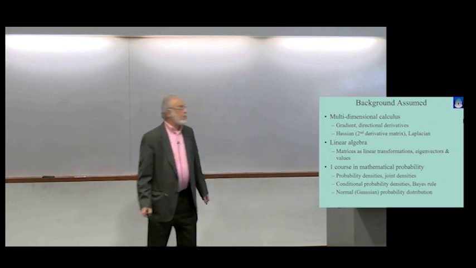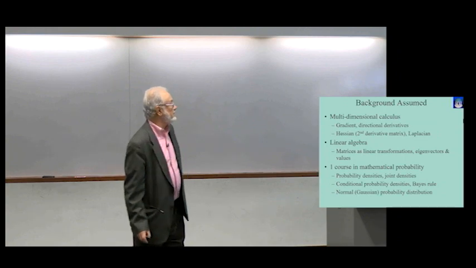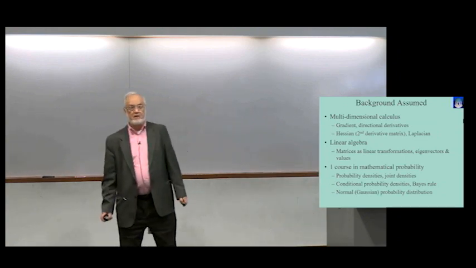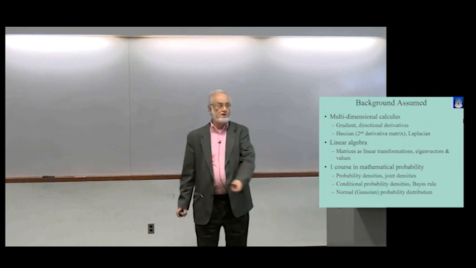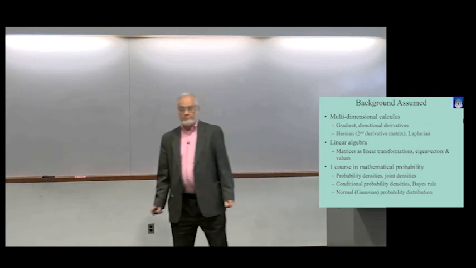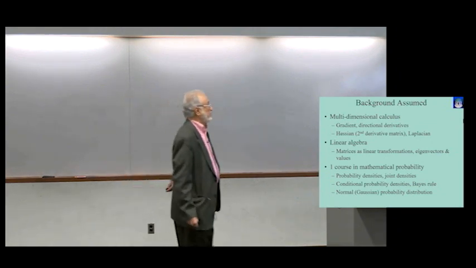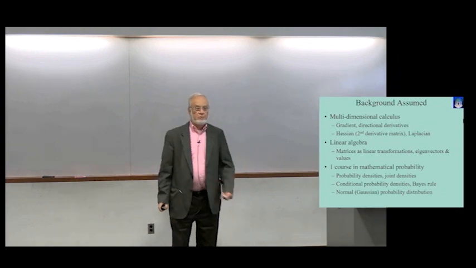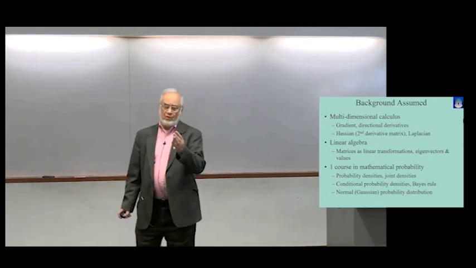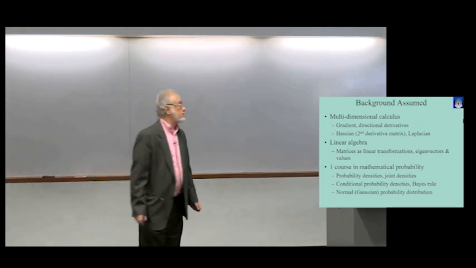And then I assume you've had one course in mathematical probability. Okay, and what that means is that you know what a probability density is for single variables, and also joint densities for multiple random variables. That you understand conditional probability densities, the probability density of one set of features given the values of another set of features.